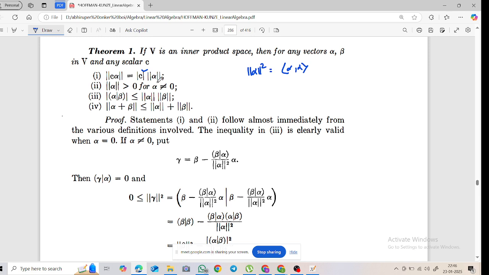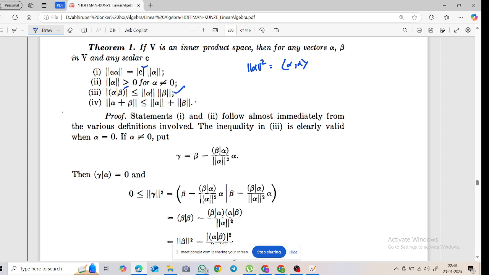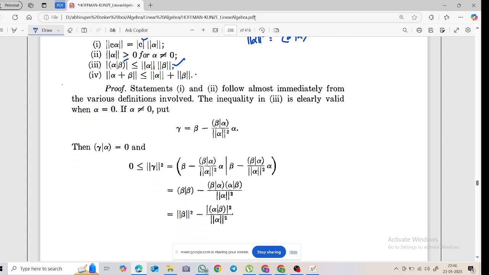First this, that the absolute value of a scalar comes out, then this, then Cauchy Schwarz, and then the triangle inequality. So we can skip this proof, I think, because these are well-known results.